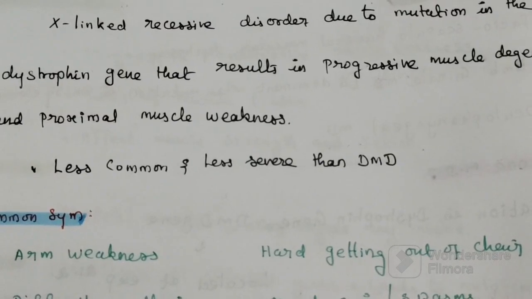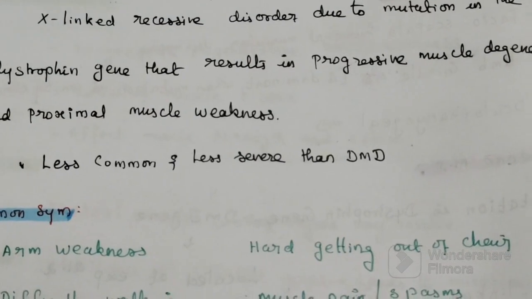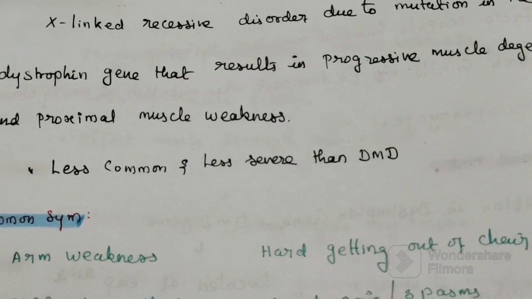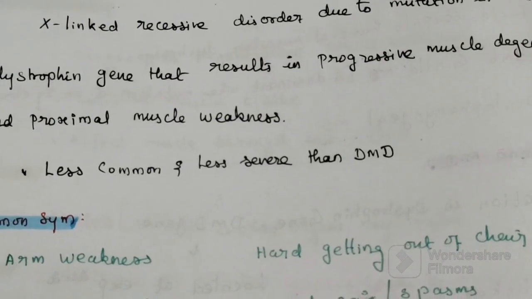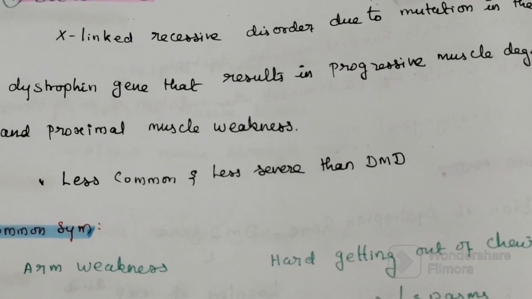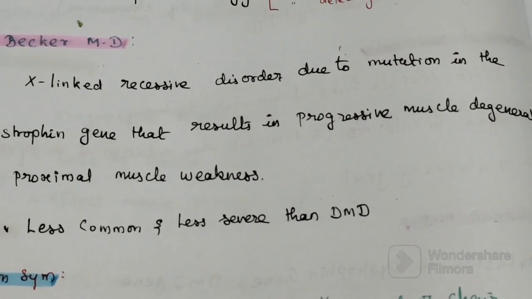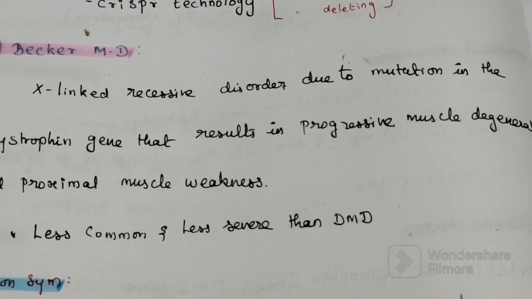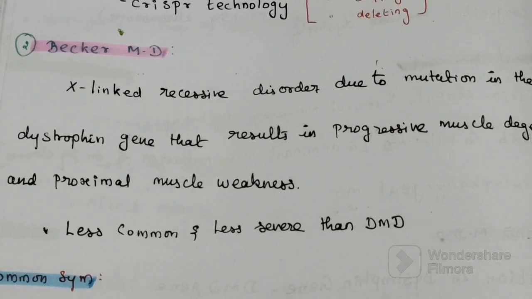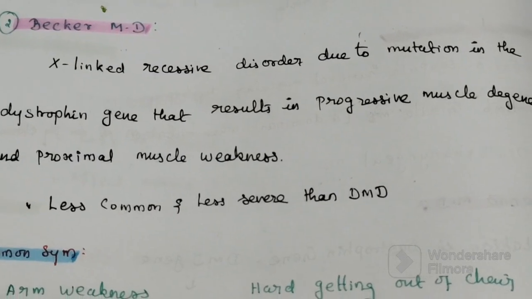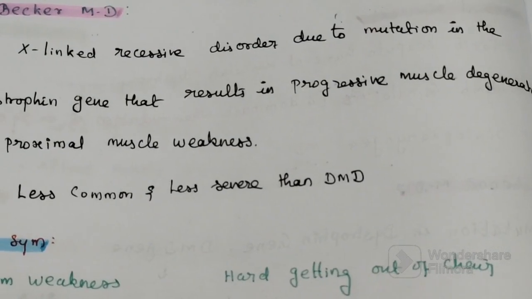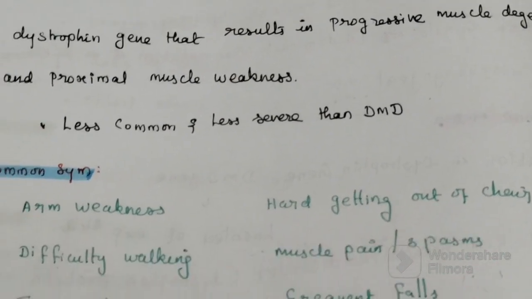This condition is less common and less severe than DMD. What is DMD? Duchenne muscular dystrophy, which is an X-linked recessive disorder with mutation in the dystrophin gene. This condition is less common and less severe than Duchenne muscular dystrophy.